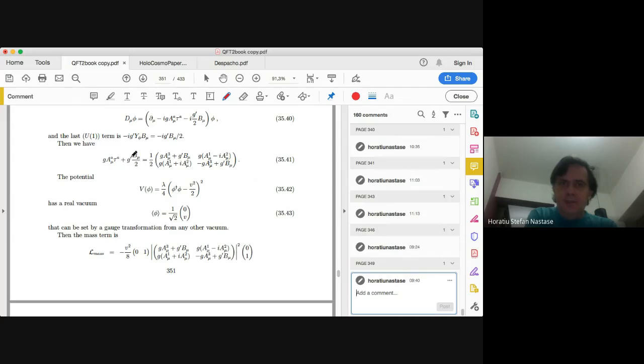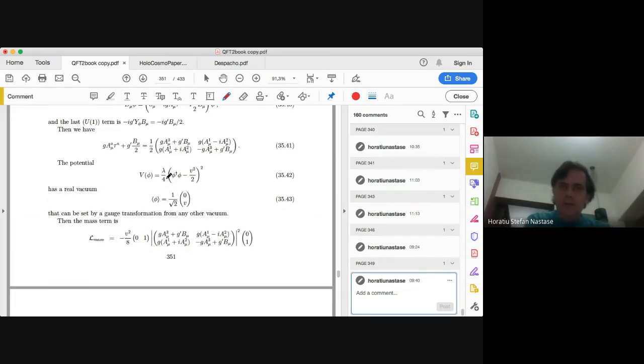And then on the diagonal I have g A mu 3 plus g prime B mu here, and minus g A mu 3 plus g prime B mu. And then on the off-diagonal, I have g A mu 1 minus i A mu 2, and g A mu 1 plus i A mu 2.